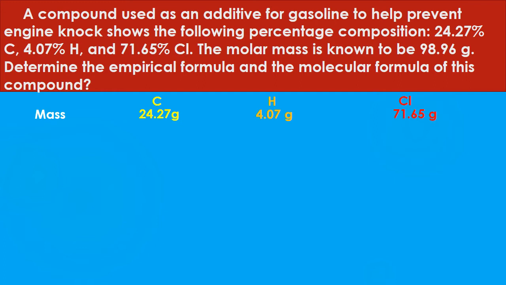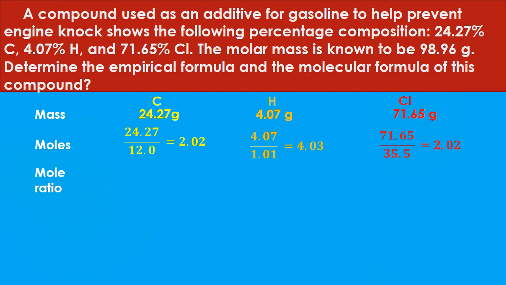Then we divide by the atomic masses of each of these elements to get our number of moles. So we divide by 12.0 to give us 2.02 for carbon, divide by 1.01 for hydrogen, and that gives us 4.03. Divide by 35.5 for chlorine, that gives us 2.02. We now need to know our mole ratio. So we look for the smallest number of moles that we calculated before.